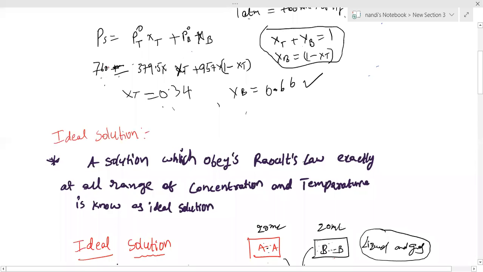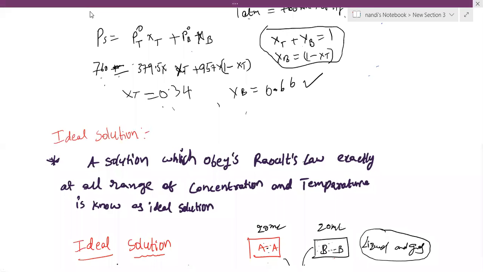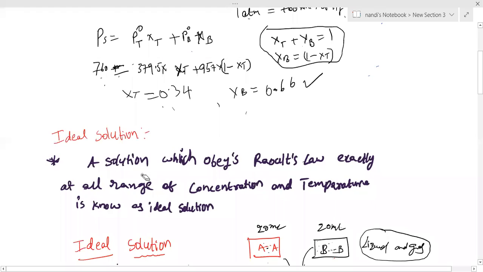I hope you know the definition of ideal solution, right? A solution which obeys Raoult's law exactly at all ranges of concentration and temperature is known as an ideal solution.